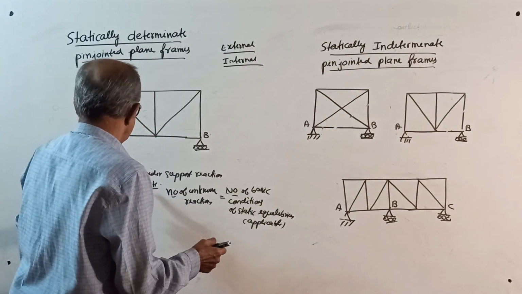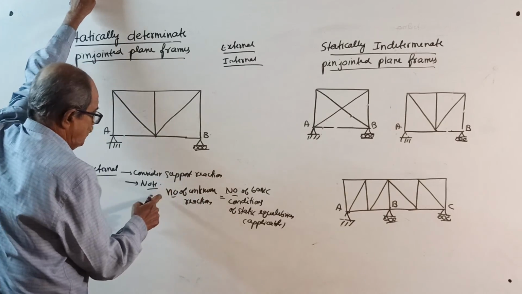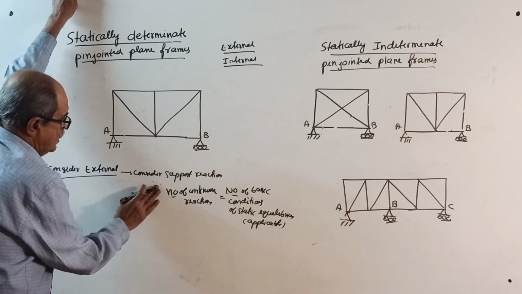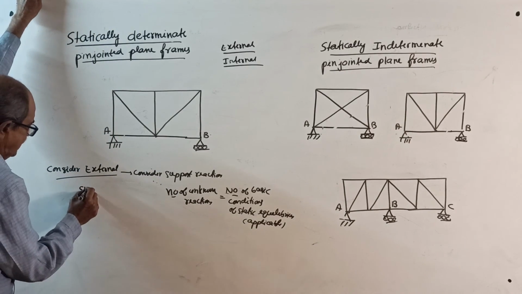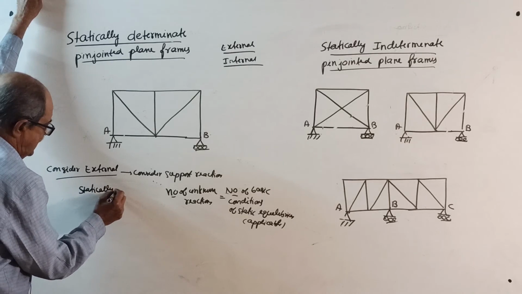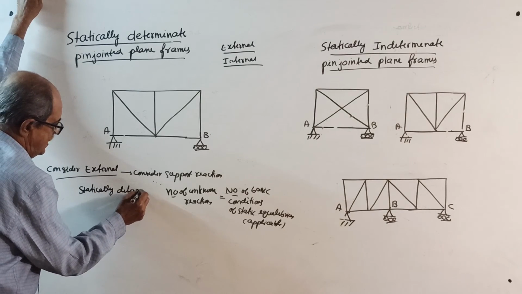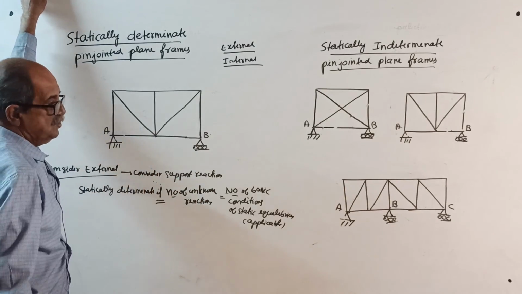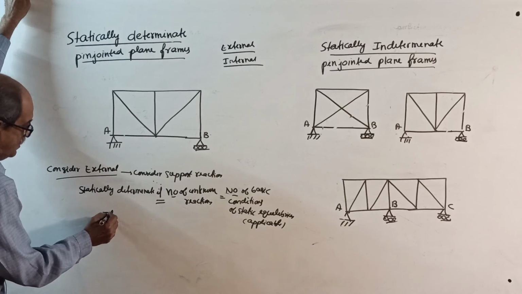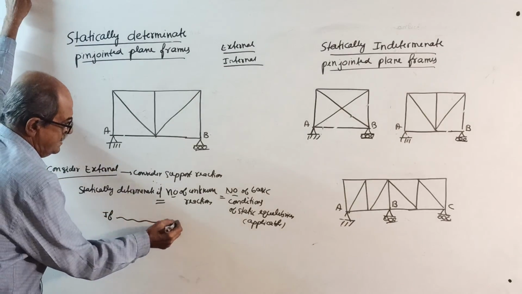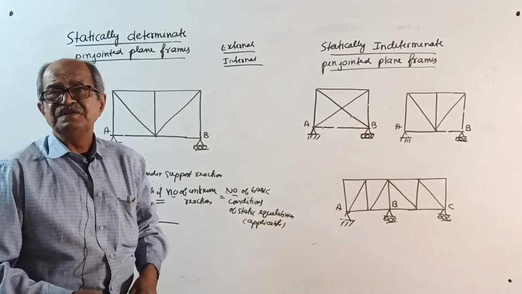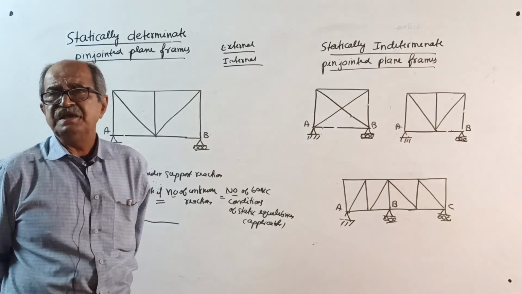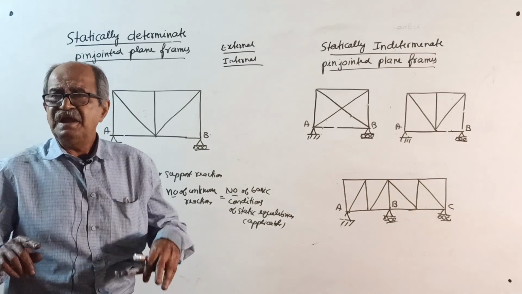And now right here, actions external. Consider support reactions. If equal, then statically determinate. If the number of unknown reactions is more than the number of basic conditions of static equilibrium applicable, it is statically indeterminate.